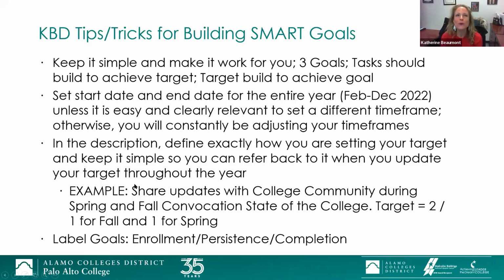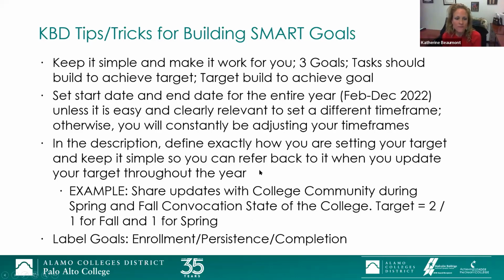So it's been super helpful to just give a definition of how you calculated the target. And I include an example here. And again, we just keep it simple. Share updates with the college community during spring and fall convocation, state of the college. My target is 2, and I define that as when I do 1 presentation in fall and 1 in spring.